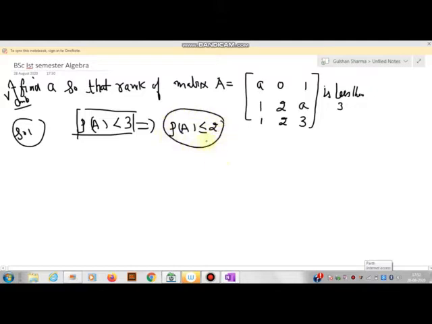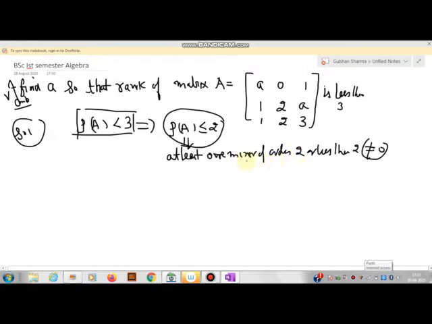When I say that the rank is 2, it means that there exists at least one minor of order 2 which is non-zero.